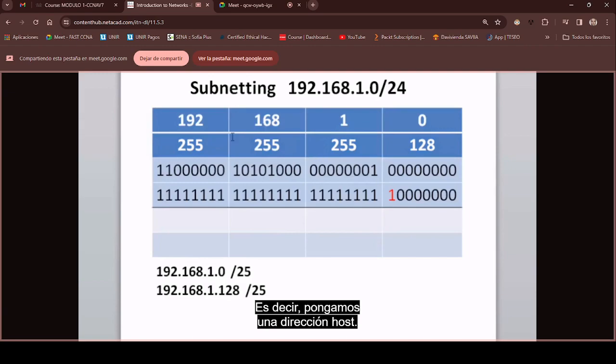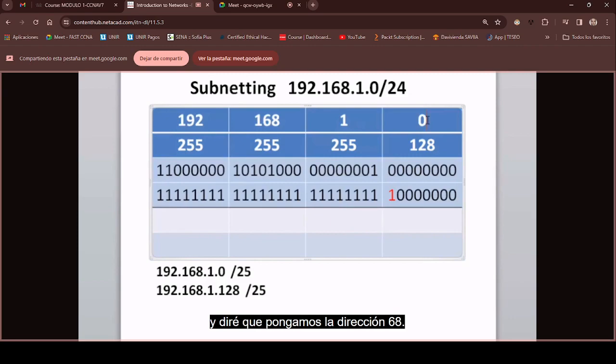Let's put in a host address. I'll say let's put in the address 68. So I changed this to a 68. So now we've got host 192.168.1.68. So this needs to be a 1. That's the 64. And then we need to add the 4-bit here. So now we have 68. If we logically AND the IP address here with our new subnet mask /25 here, let's see the result. We'll get a 1, a 1, a 0, 0, 0, 0, 0.